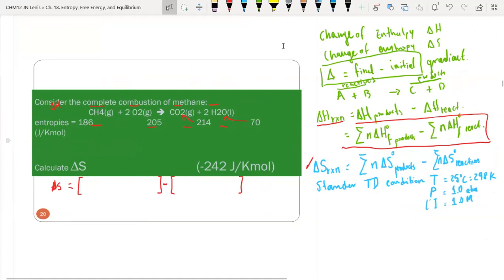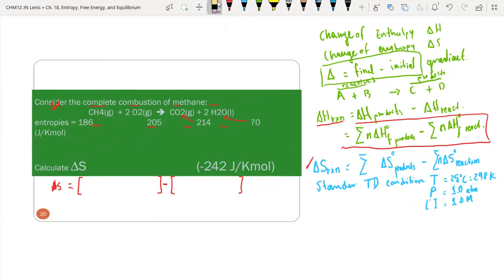Let's start solving it. So it's going to be the sum of n S. What is the meaning of n entropies? We don't need delta here. Delta is for the total change, but here we have absolute values of entropies.